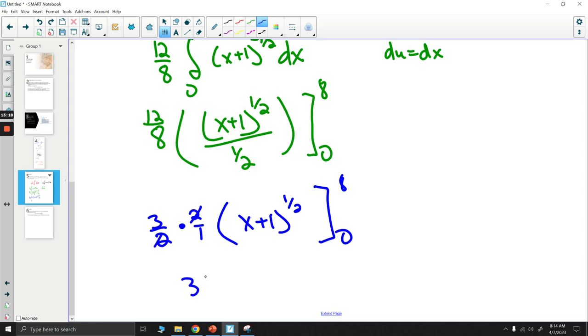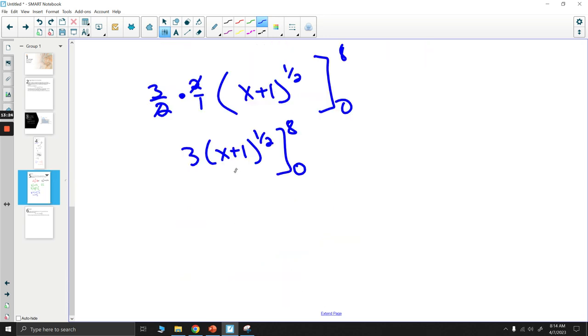So we get 3 times x plus 1 to the 1/2 from 8 to 0. So 8 into here, 8 plus 1 is going to be 9. The square root of 9 is 3. 3 times 3 is 9. Minus 0 plus 1 is 1. Square root of 1 is 1. Times 3 is 3. We got another 6, okay?